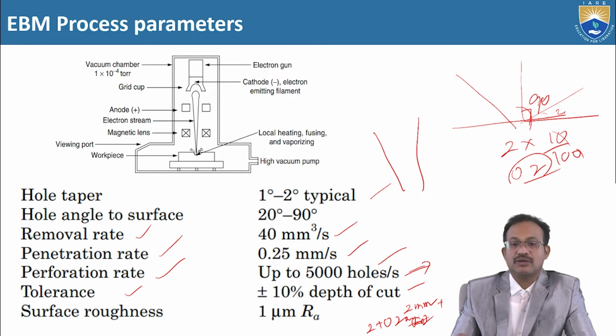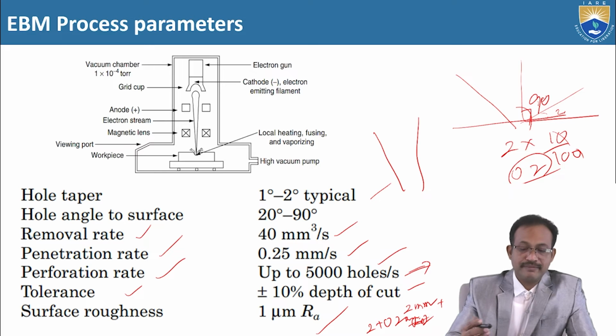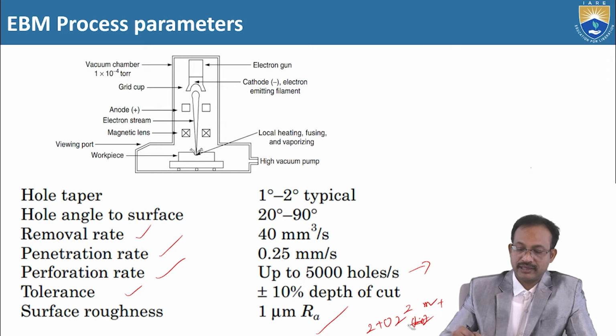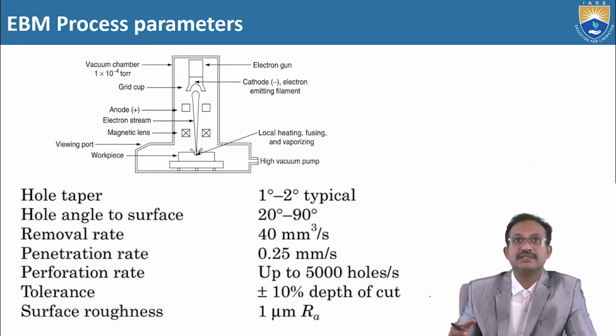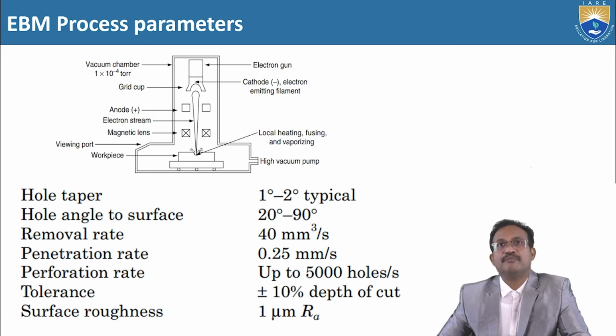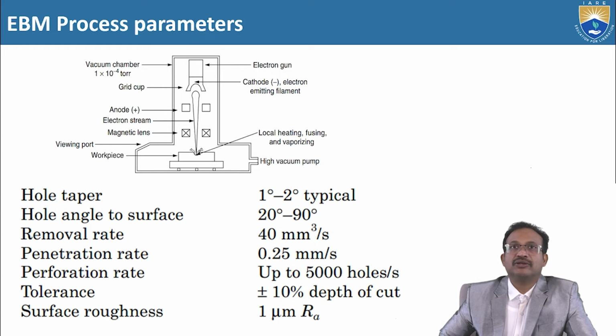Surface roughness is 1 micrometer Ra, where Ra means surface roughness. So these are the EBM process parameters, which are very important to operate the electron beam machining in the vacuum chamber. We have to maintain all these levels for these parameters effectively.